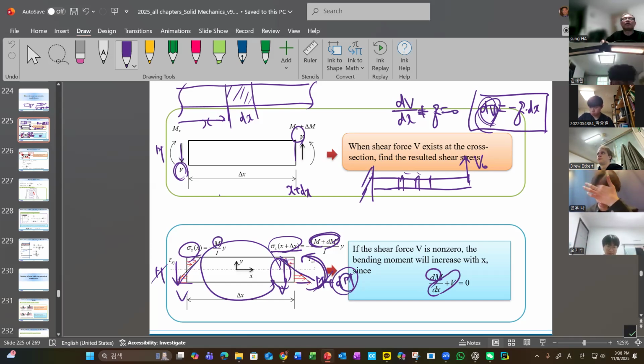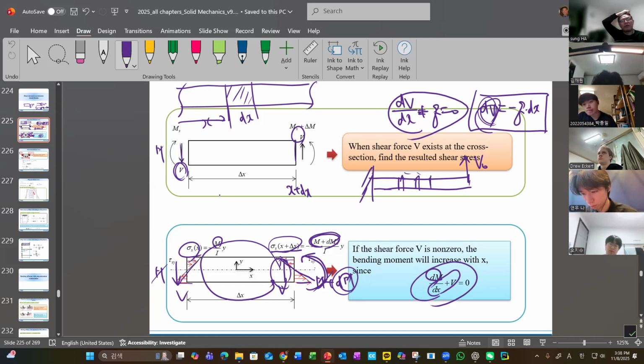And as we reviewed in the last class, we have two equilibria, and this is the moment equilibrium. Again, I'd like to emphasize that the moment here would cause this much stress, and the moment here this much stress. Now we have a little bit of an increment.